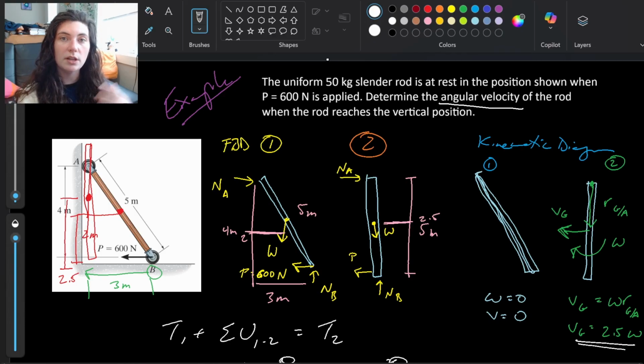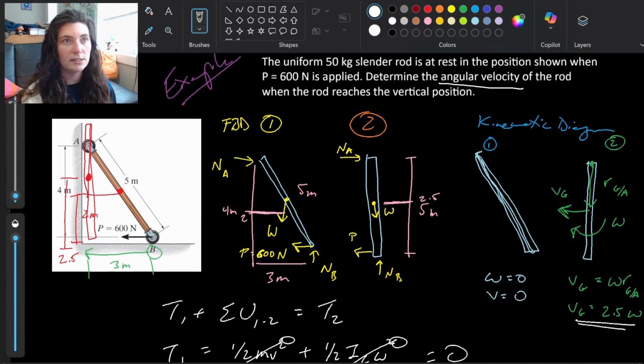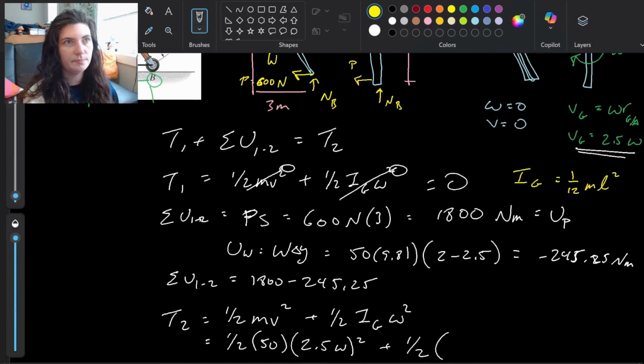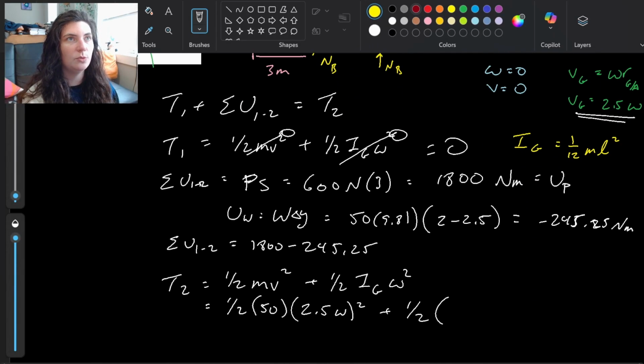We can look up in our tables or in the back of our textbook the general form for the moment of inertia of a slender rod. From our textbook, Ig for a slender rod is 1/12 ml squared. That's about G, its center of mass, not about any one end.